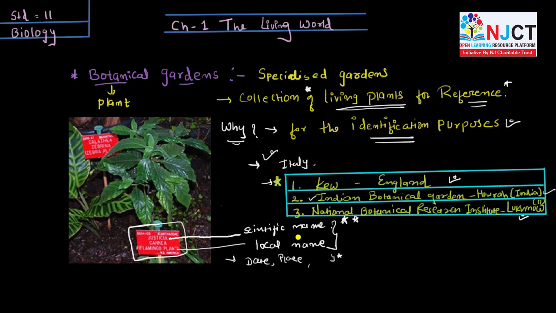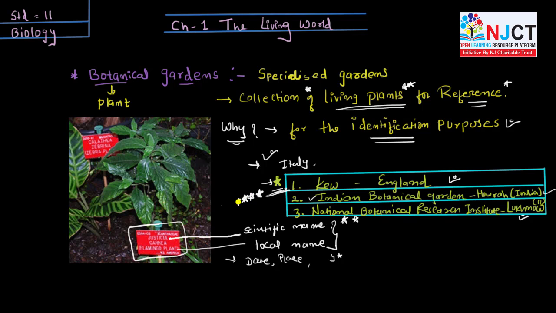Scientific and local name. This is the most important part of this topic. Again, I am telling you, the herbarium sheet one was very important. This botanical garden one is not that important for long questions, but for MCQ purposes, the collection of living plants is very much important.